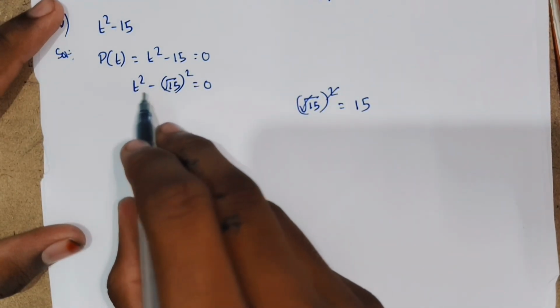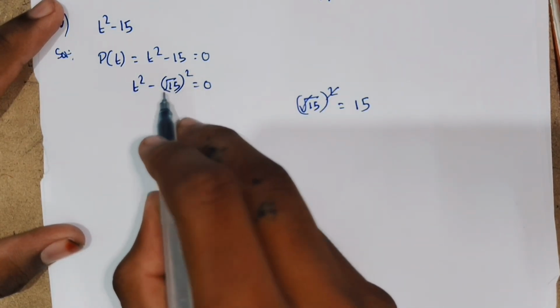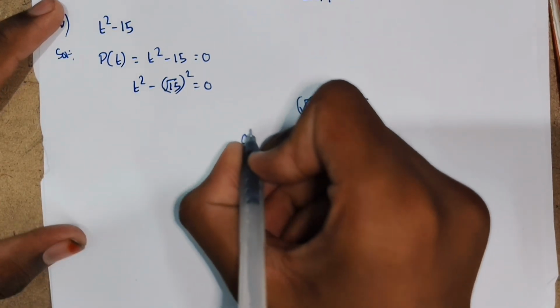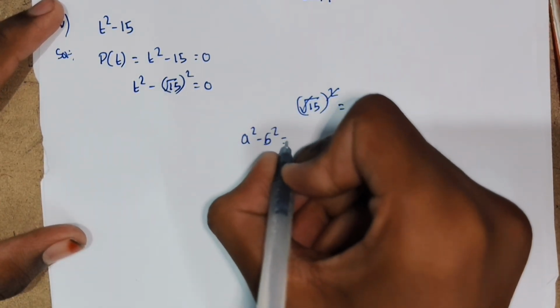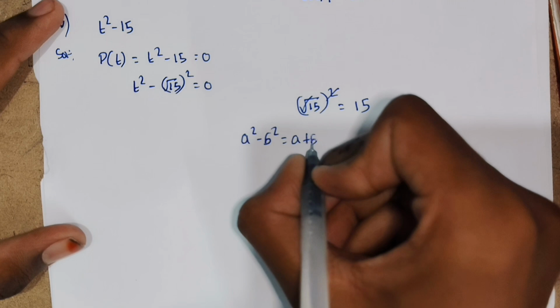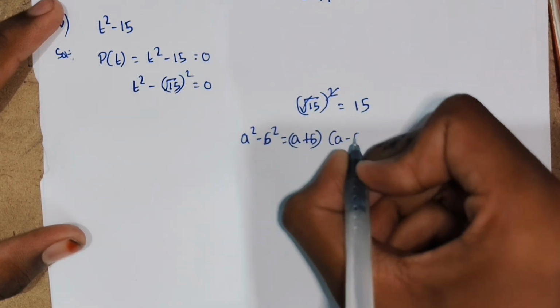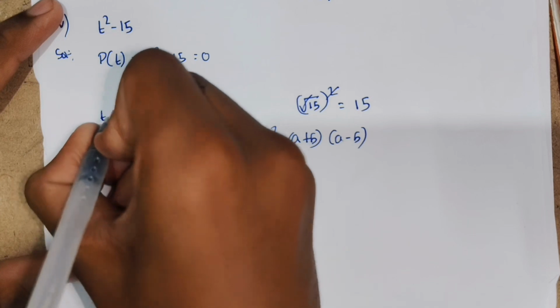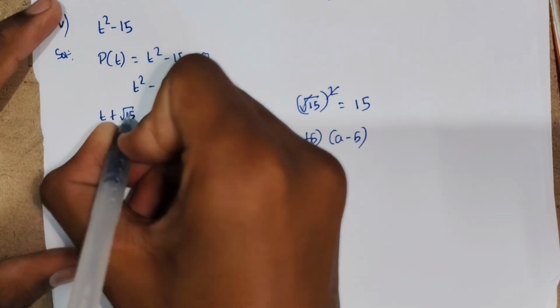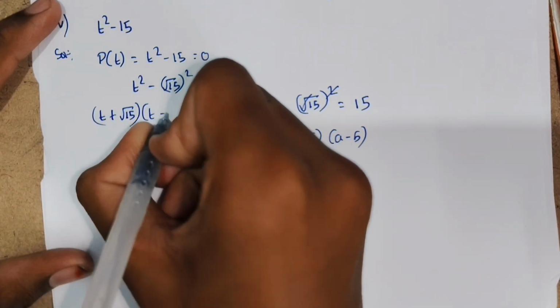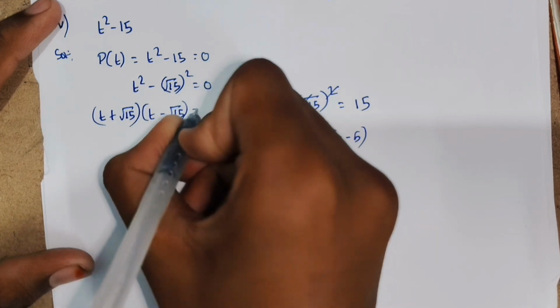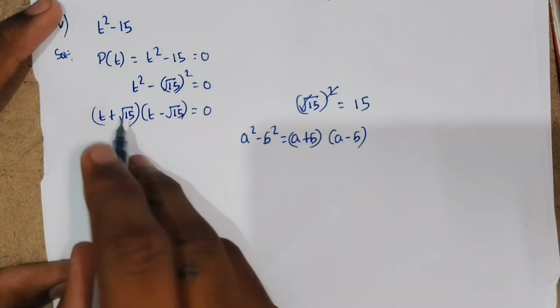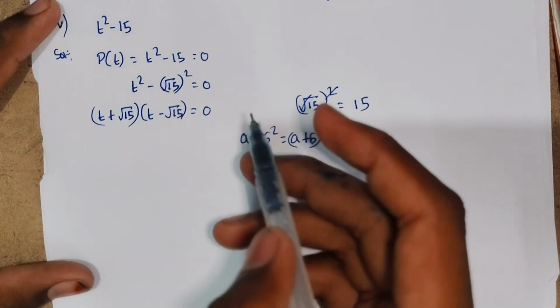Here t square minus square root of 15 whole square is in the form of a square minus b square, which is equal to a plus b into a minus b. So I am writing that in the form of t plus square root of 15 into t minus square root of 15 equals 0. It means both values are equal to 0.